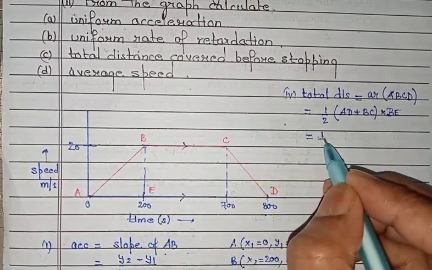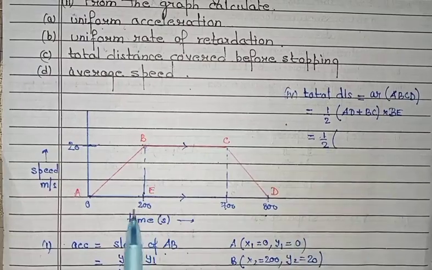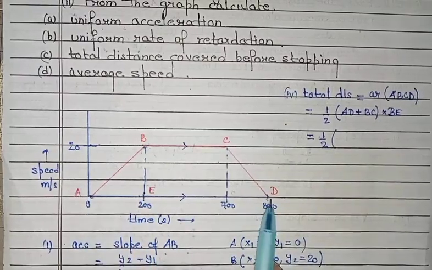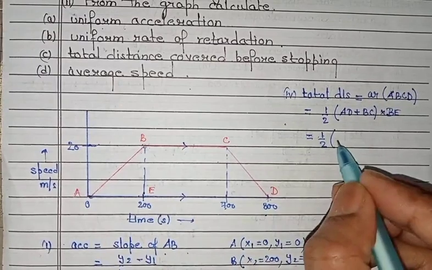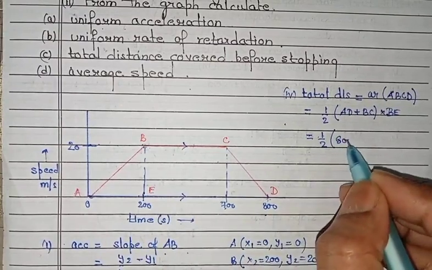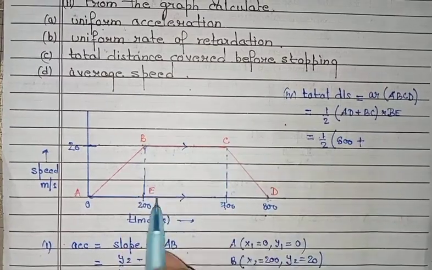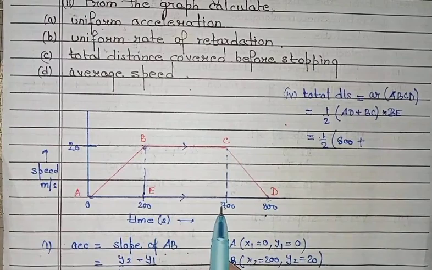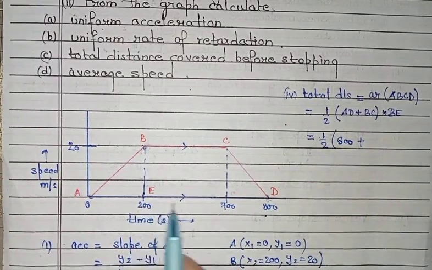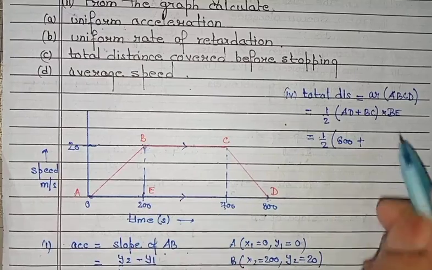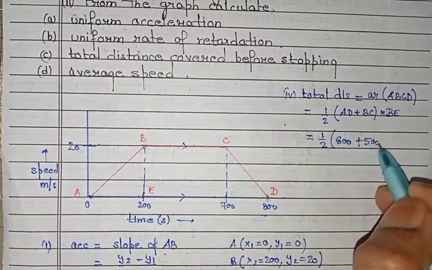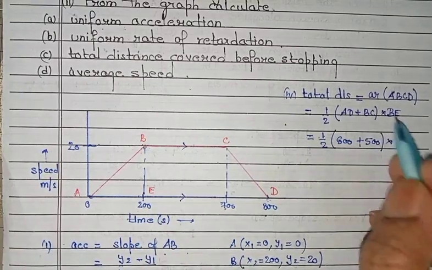So you can solve it now. As you can see from the graph, AD, this total length is 800, plus BC, from B to C, that means from 200 to 700. So from 200 to 700 it makes 500, into BE.